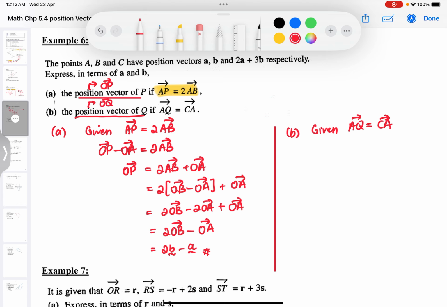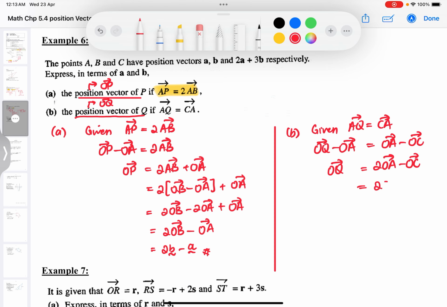To find OQ with this equation, I will have to rewrite AQ as OQ minus OA, and then CA can be written as OA minus OC. Right? And then I'll reorder this. OQ is equal to OA, bring over, add with the other OA, that's 2OA minus OC.